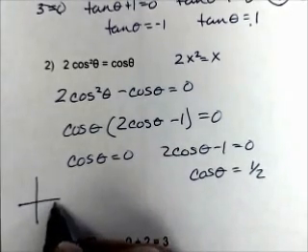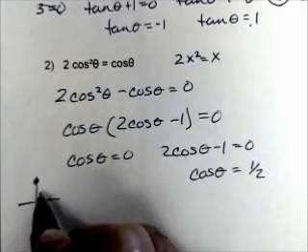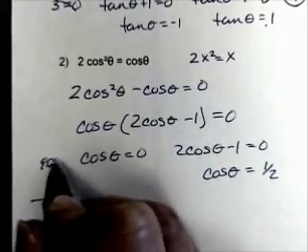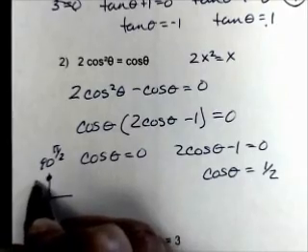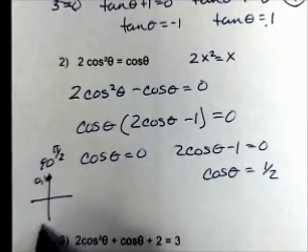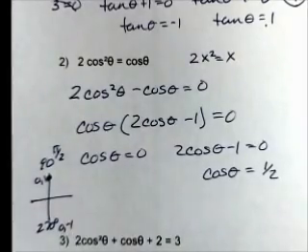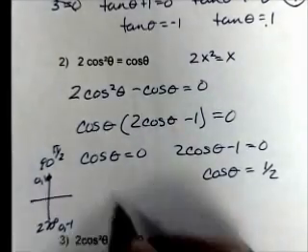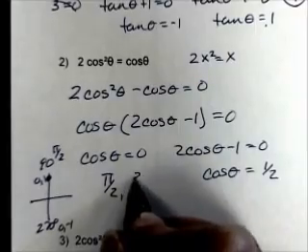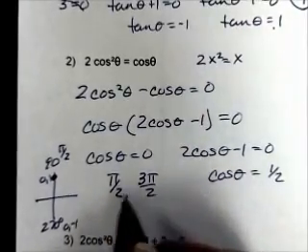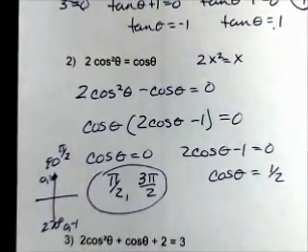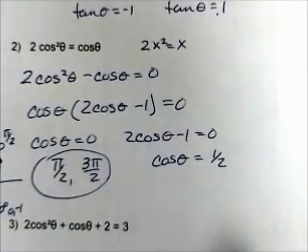That's an x value of 0, right? So that's my 90 degrees, or pi over 2 radians. And my 270, or 3 pi over 2 radians. So pi over 2 and 3 pi over 2. 2 values there.